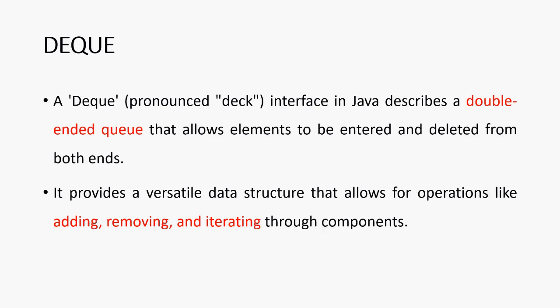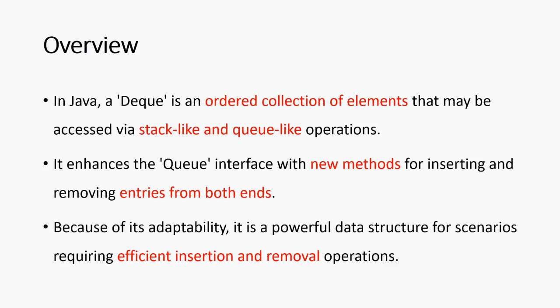But there are certain scenarios where, with respect to priority, we need to make certain modifications in the adding, removing and iterating of information with respect to the stack and queue. So normally, if we are using a queue data structure, we keep adding elements through the end, and we keep removing the element from the other end.